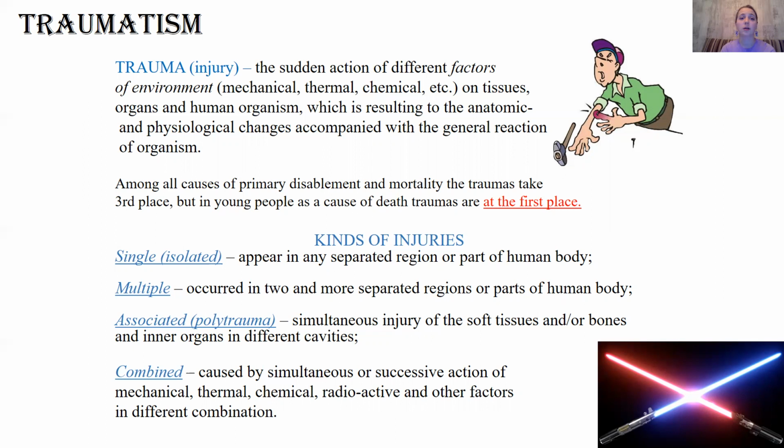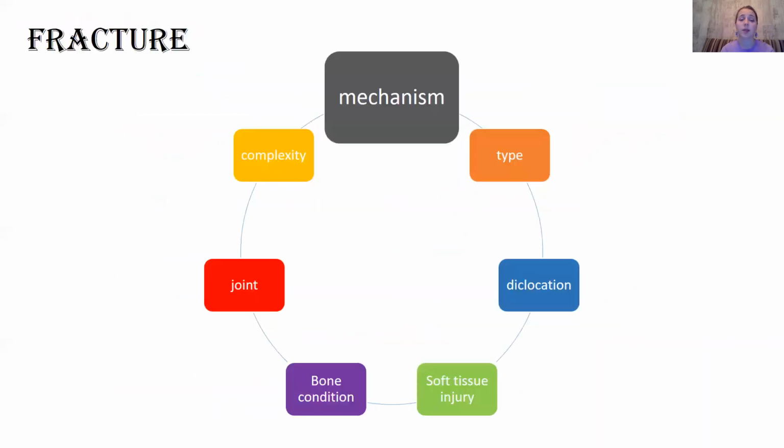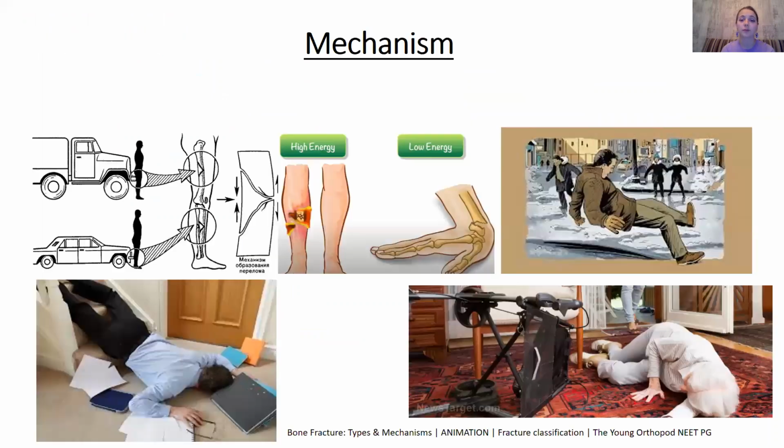So it's time to talk about fractures in detail. We will talk about the mechanism of trauma, types of fracture, dislocation, soft tissue injury, bone condition, joint, and complexity of the fractures. What about the mechanism of injury? There are two mechanisms of injury.